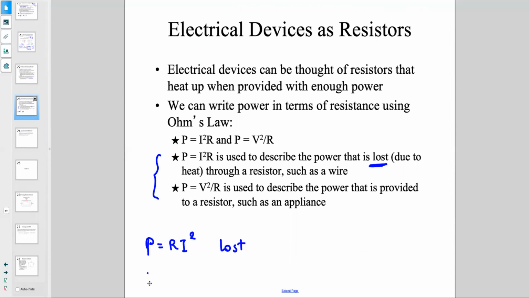But P equals V squared over R is used to describe the power that is provided to the resistor, or not specifically a resistor, it could be appliances, it could be a wire. So when we're talking about the lost power, use P equals R I squared. When we're talking about the provided power, we use P equals V squared over R.